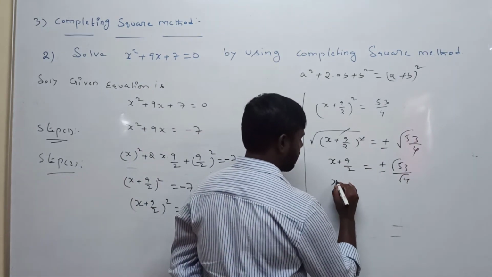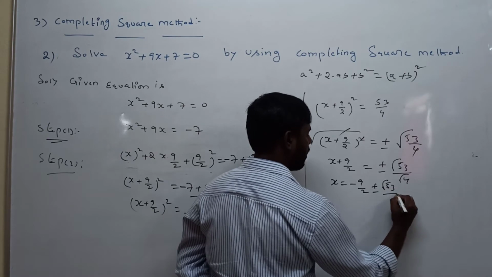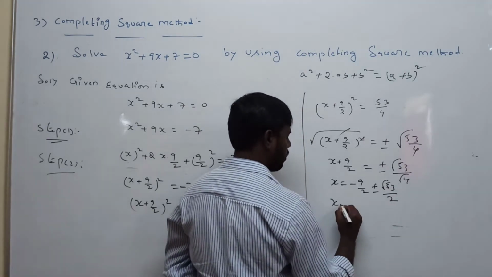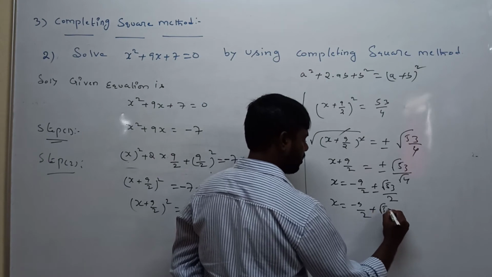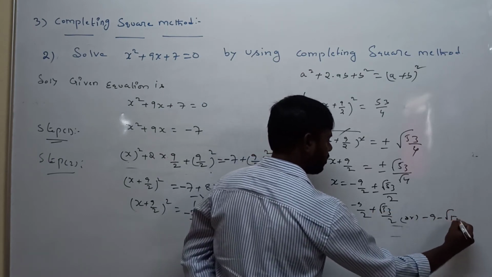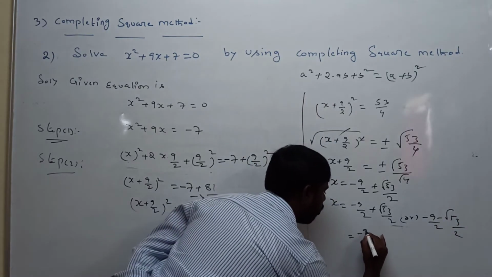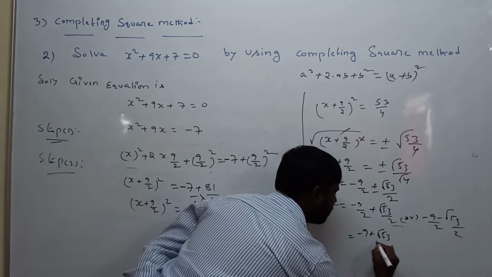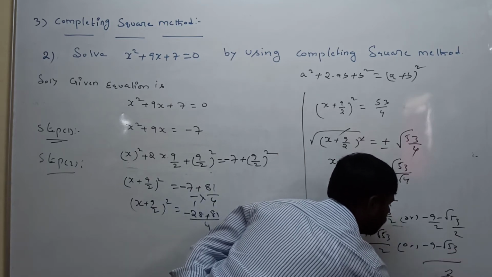Plus 9 by 2 goes to the other side as minus 9 by 2, plus or minus root 53 by root 4, whose value is 2. So I separate two values. X is equal to minus 9 by 2 plus root 53 by 2, or minus 9 by 2 minus root 53 by 2. Both the values are the same, only adding the numerator: minus 9 plus root 53 by 2 or minus 9 minus root 53 by 2.